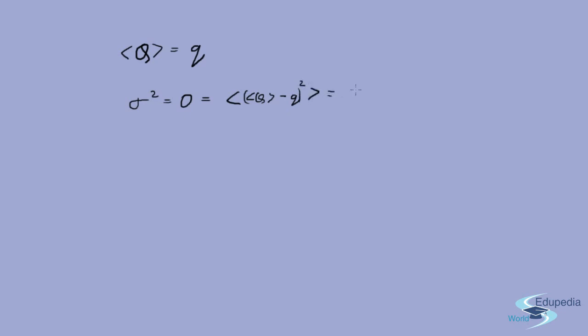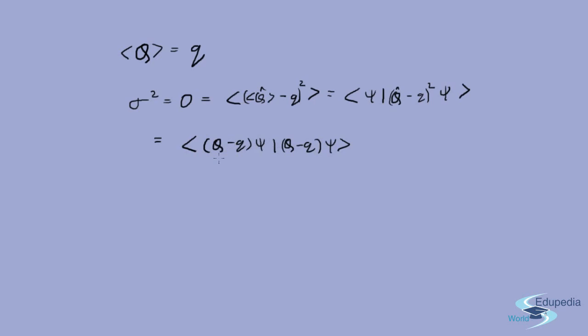And that can be written as psi with Q minus q whole squared psi. Now remember, capital Q is an operator, often it's written with a hat on top of it, and small q is a number. It's the average measured value of this operator Q times psi. But this, with a clever little trick, one Q minus q we can take to the left hand side, and this will come out to be Q minus q psi with Q minus q psi.